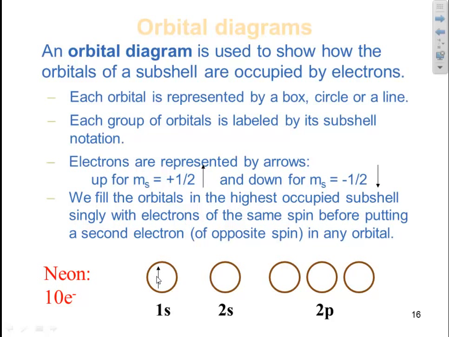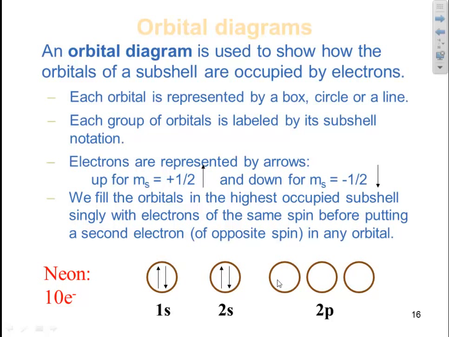So we would put 1 up in the 1s orbital. Then I would come back with a second spin pointing down. Then I'll do the same thing with the 2s: 1 up and then 1 down.